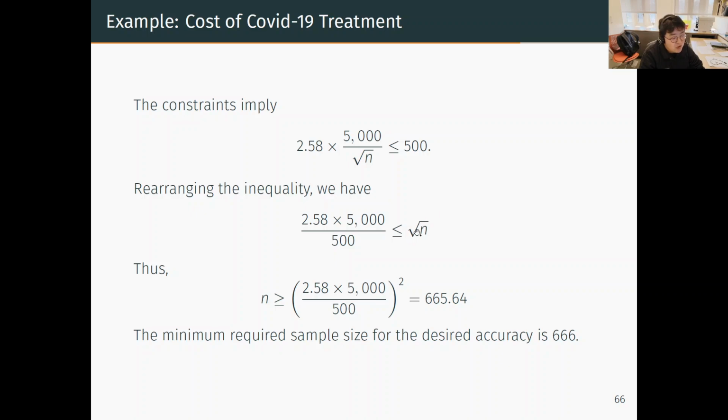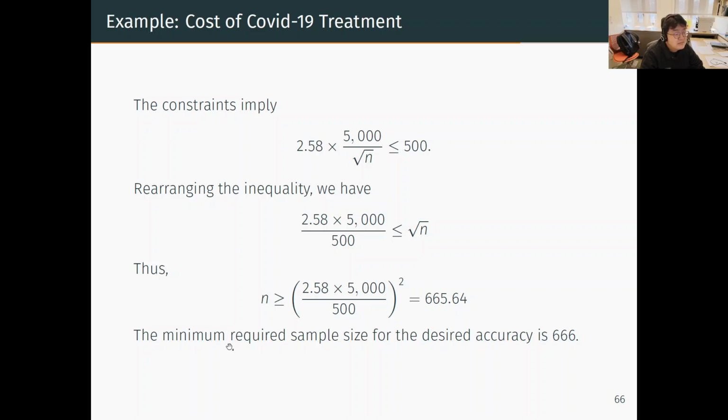Now to remove the square root, we are going to square both sides. Squaring the right-hand side will become n, and squaring this side we will get this number. Just simple algebra, use a calculator. That means the sample size must be at least this much. But of course, the sample size should be a natural number.